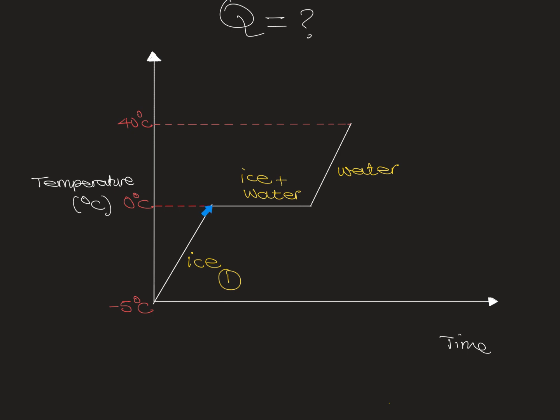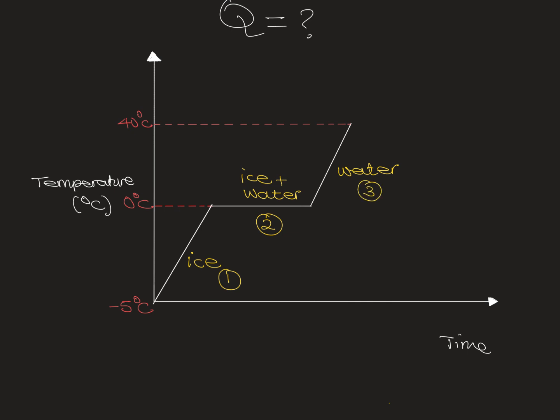Then from ice at 0 degrees Celsius to water at 0 degrees Celsius, that is the second stage, and the final stage will be water at 0 degrees Celsius to water at 40 degrees Celsius, which is the third stage.